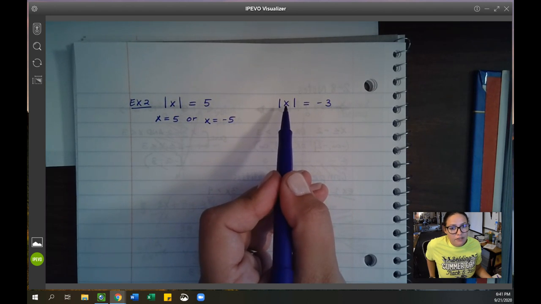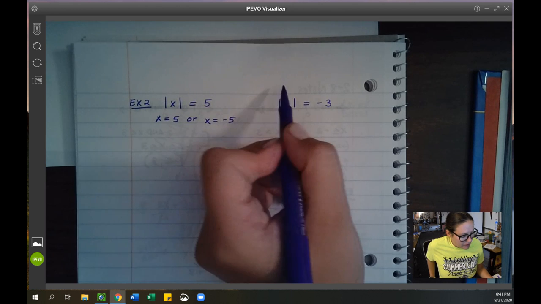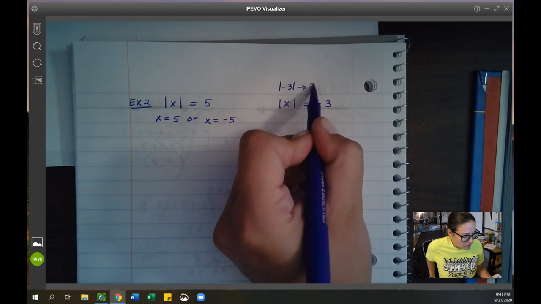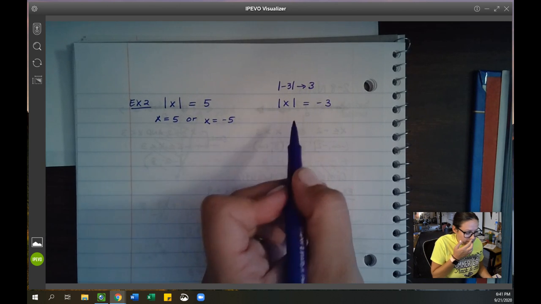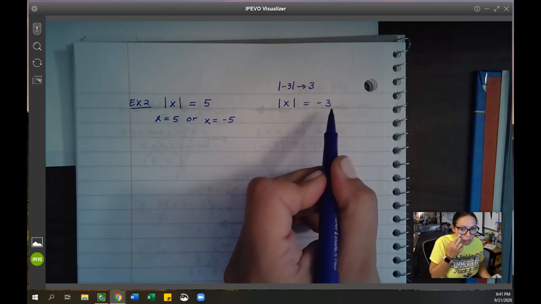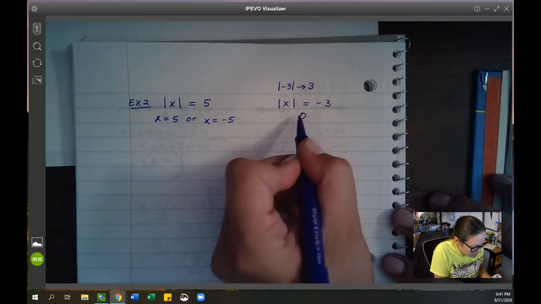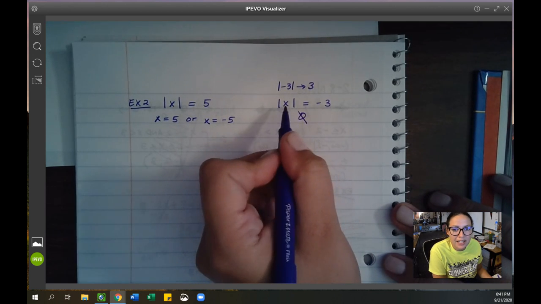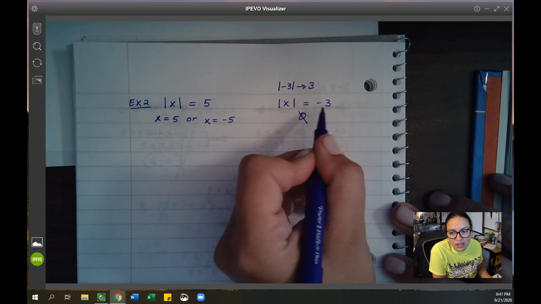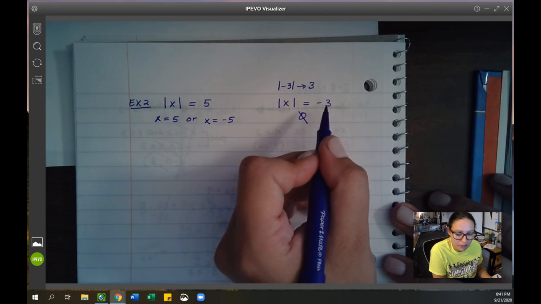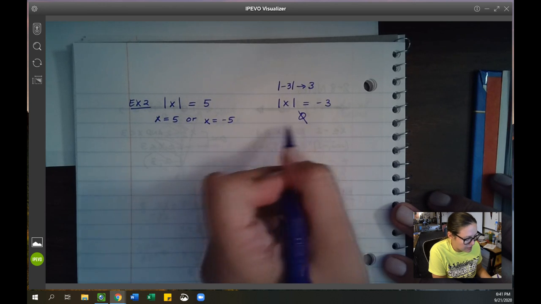If I have the absolute value of negative 3, that gives me 3. So is there any number that will give me a negative 3? There is not. There is no solution to this because an absolute value will never equal a negative number. It will only equal a positive number. So this has no solution.